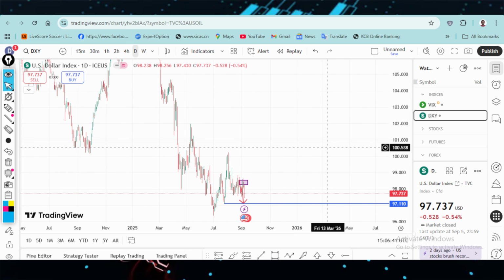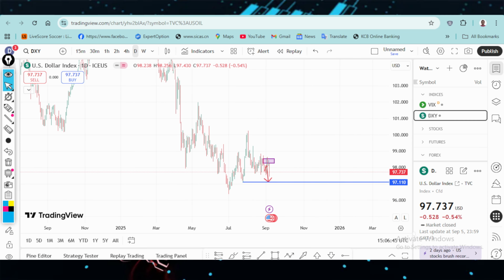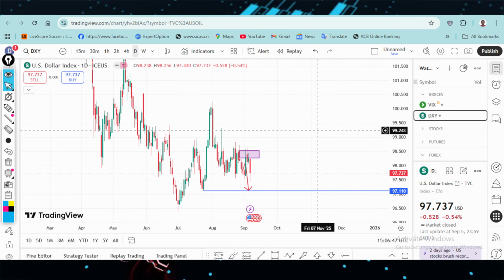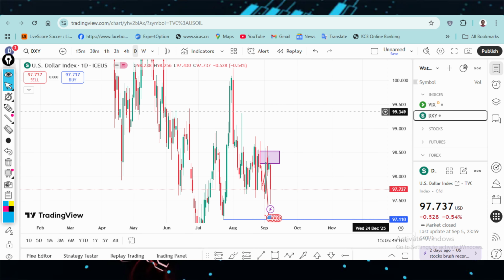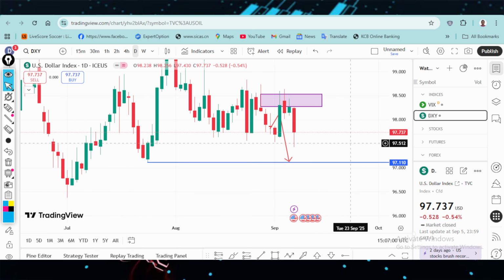DXY is the index that measures the dollar. Last week, we said the dollar is going to go up, correct, and then fall. It happened exactly as we said. However, the pullback was somehow big, and it went up to here, and then it went down below.